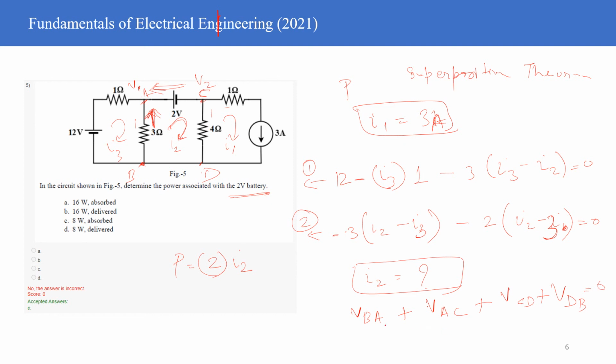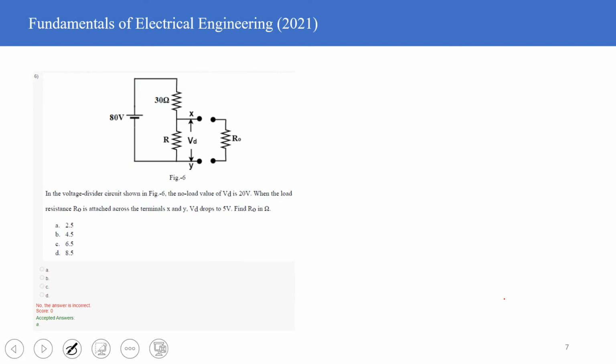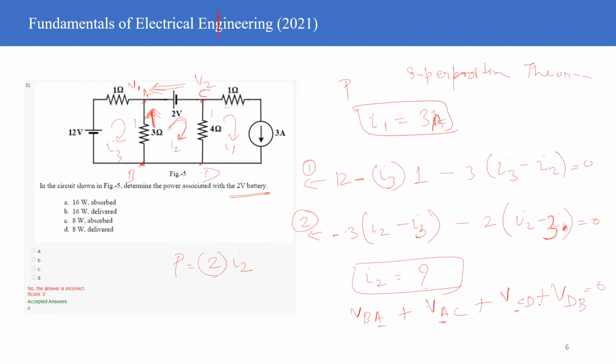So if you add this all up, this is the same vector, you are seeing that, right? And this is the same thing as this. So effectively you are getting VBB, that is the potential of B with respect to itself. In a self loop, it is equal to 0. This is the way you derive a KVL. Like you go in a loop, and then the loop voltage will be equal to 0.